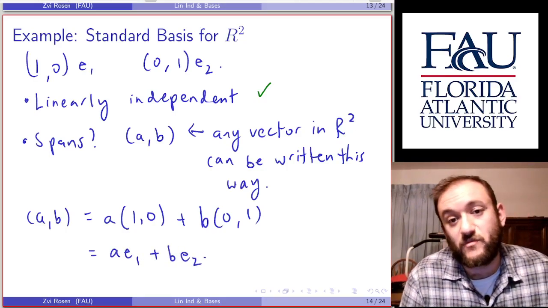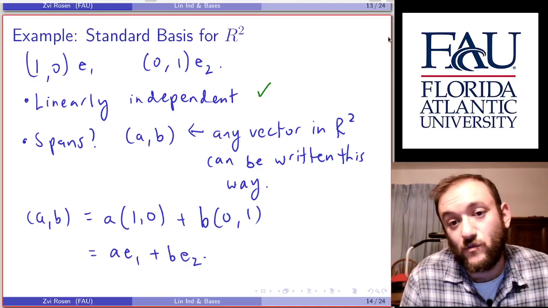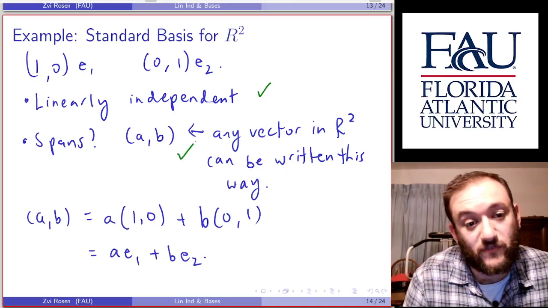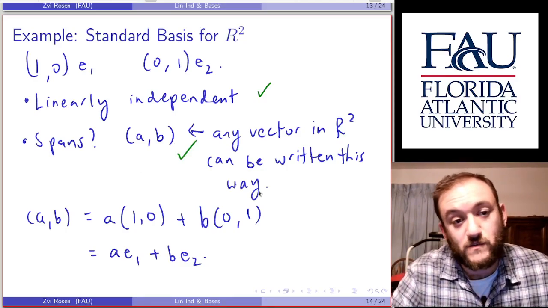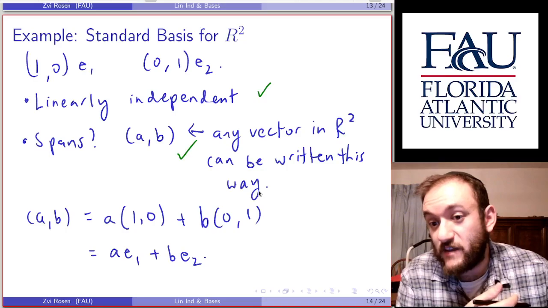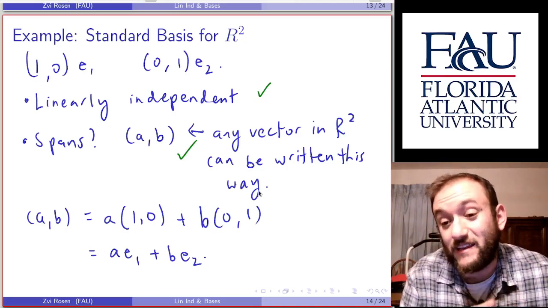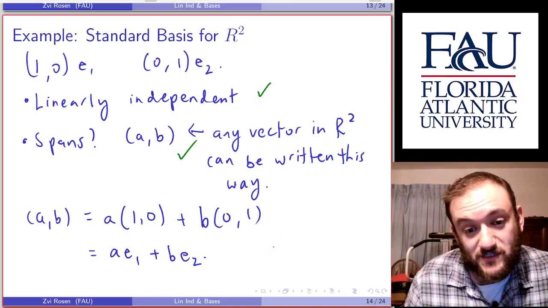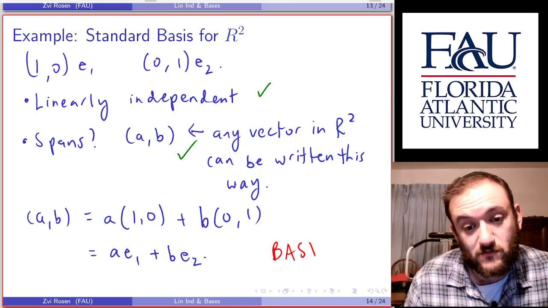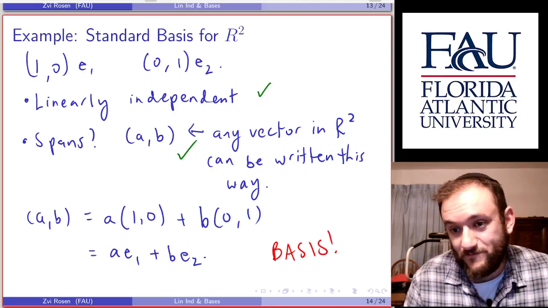Okay, and from there it's easy to see that we have spanned the whole vector space. So since this set of vectors is linearly independent and it spans, we conclude that it's a basis.